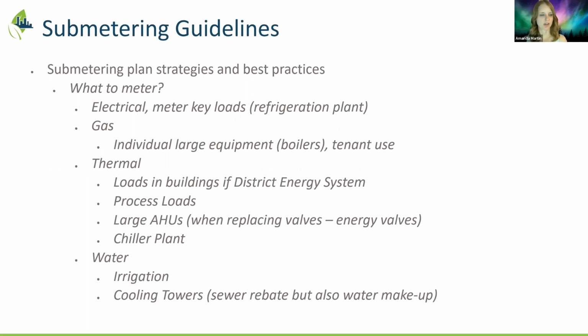We also have 4 buildings with advanced sub-metering systems. So dozens of meters tying back to, unfortunately, different centralized platforms in each of the facilities. We're looking to migrate all of those to one centralized platform instead of managing multiple logins.